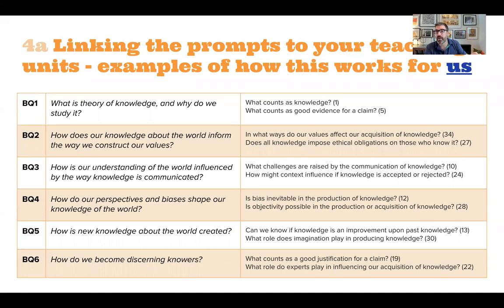Big question 4 is all about perspectives and how we might have a completely different view of the world to other perspectives. Then we think about development, creativity, how a new idea is created, how does knowledge change over time? And finally, the culmination of the course, how we become experts, how we become discerning knowers. Okay, so all of those align to loads of the IA prompts.